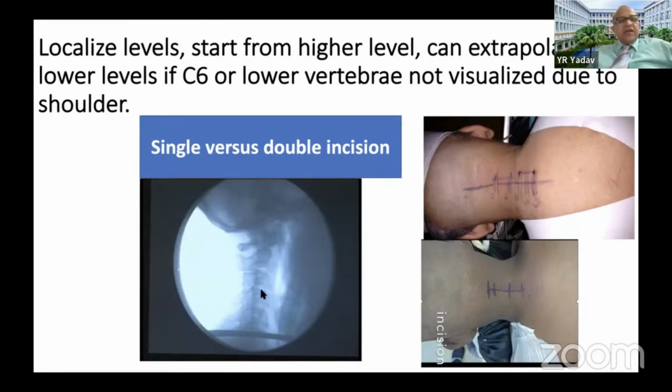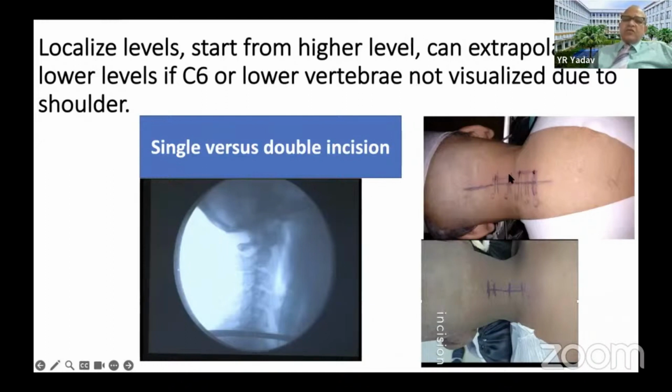So this is the localization, and then there is single versus double incision. You can take a single incision, but if more than 3 levels are involved, you might have to take 2 incisions or a large single incision.